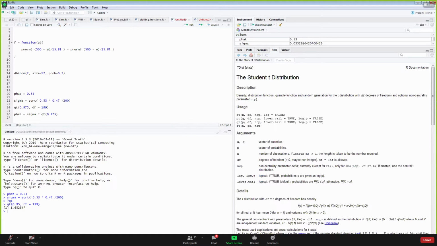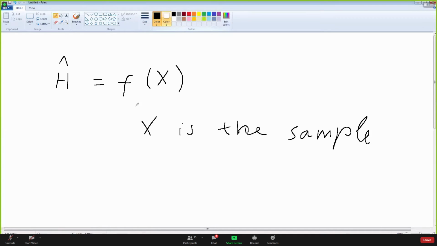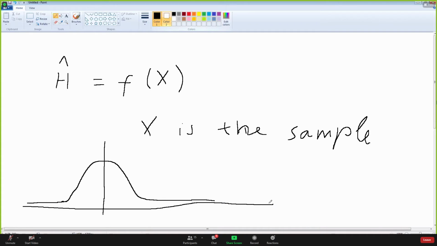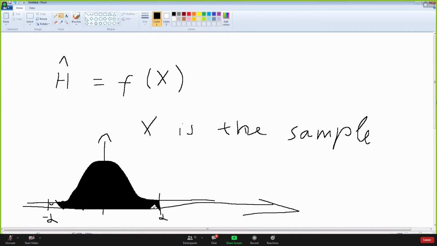Why 0.75? Let me make an illustration. Imagine this is your distribution, and you want to take the area such that this shaded area is 95%. You want to take these two numbers, alpha and minus alpha.